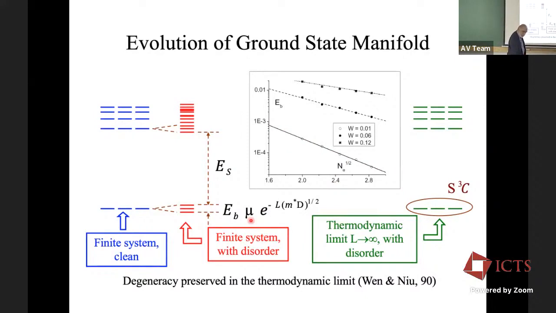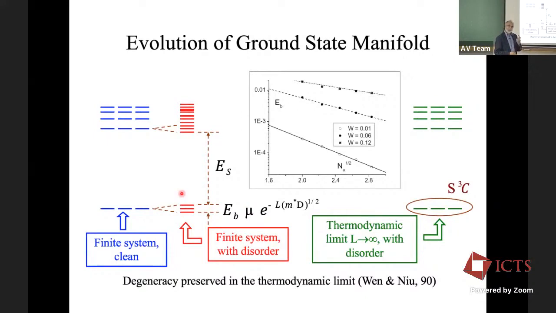So the next question is, how do you understand the 1/3 conductivity? The reason is that when you actually calculate the Chern number of these three states here, what you find is that one of them has Chern number 1 and the other two have Chern number 0.